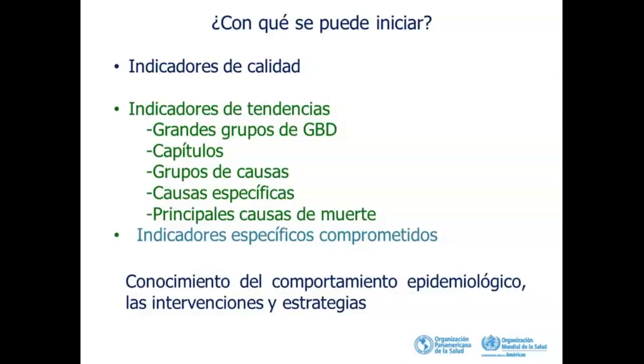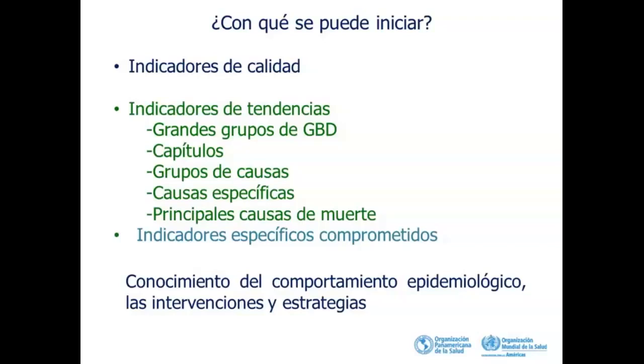Now, different indicators will be useful for the analysis of trends, for instance. If there will be a change in the presentation or behavior due to large groups of GBD, the global burden of disease study, because we have transmittable and non-transmittable external causes, so the groups competing that in the region, about 80% of deaths are due to non-transmittable causes, and they will be affected due to some specific cause.